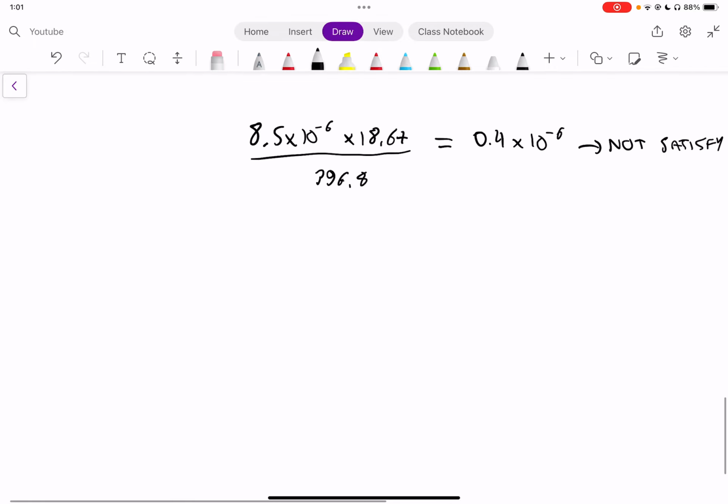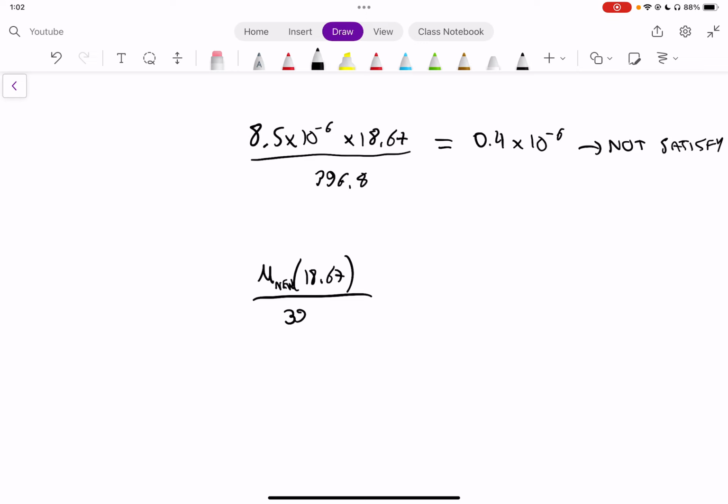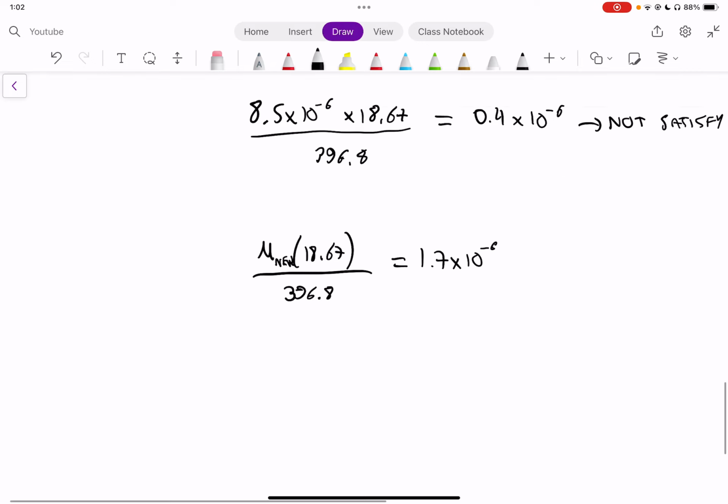So going back, we'll have to figure out what our mu should be based on stable lubrication. So we can put mu nu multiplied by 18.67 over 396.8 should be equal to 1.7 times 10 to the minus 6 in order to satisfy stable lubrication.